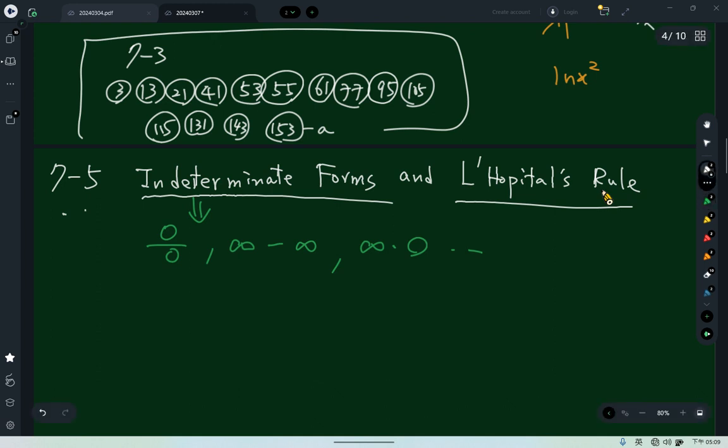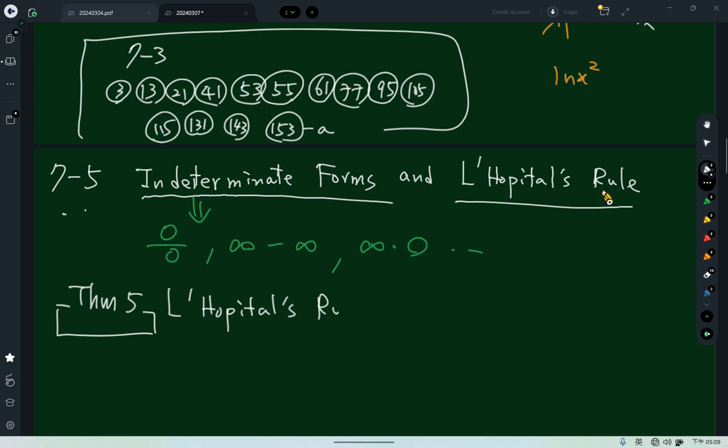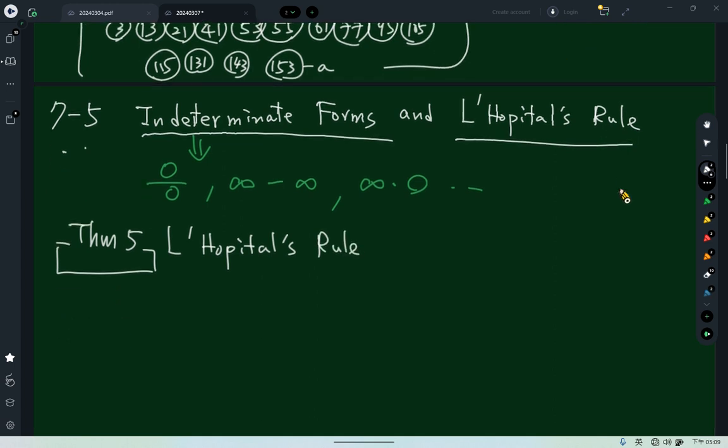So let me show you the theory about L'Hopital's rule.